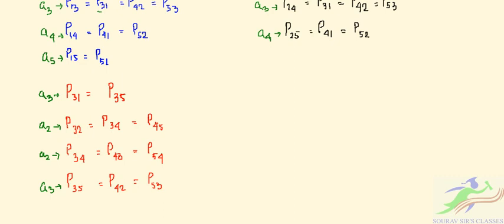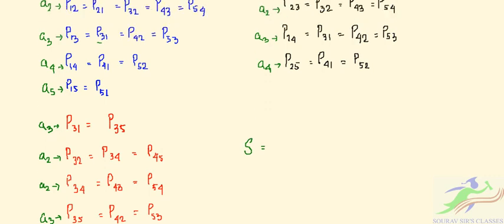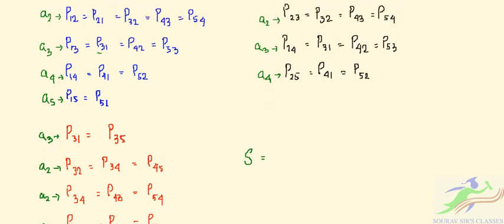So from all this you can construct S is equal to, so all the diagonal elements will be A1, right? So I can write it as A1. This is also the P11 position. So it will go like this, P13. So we have considered A2, A3, A4, A5.